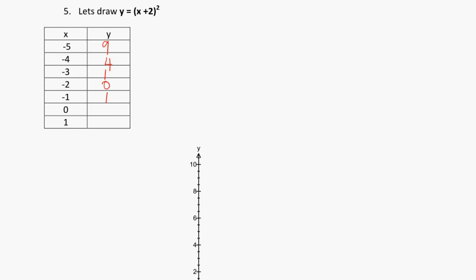When x is 0, 2 2's are 4. And when x is 1, 2 plus 1 is 3. 3 3's are 9. And if you've predicted correctly, it should move the basic x squared graph to the left.